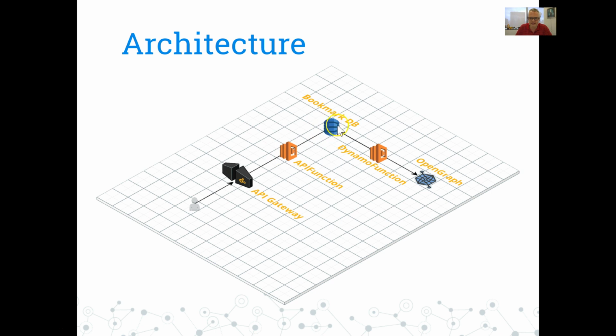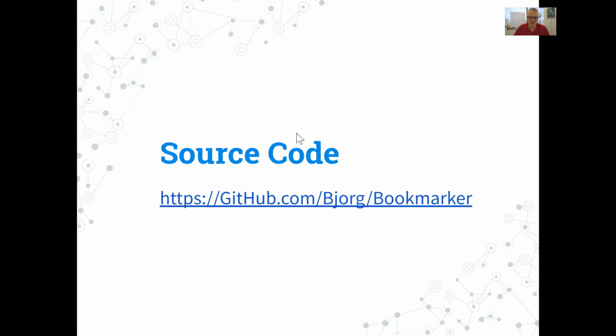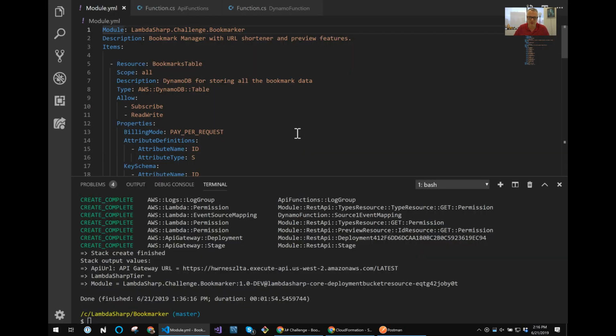When records get inserted here, which are new URLs with their shortened identifier, another function gets triggered that reaches out to that page and retrieves the Open Graph metadata, which contains things like the title, the description, the image, and augments the record in the DynamoDB table so that subsequent calls to the preview API can then render a richer representation. So let's take a look at the source code.